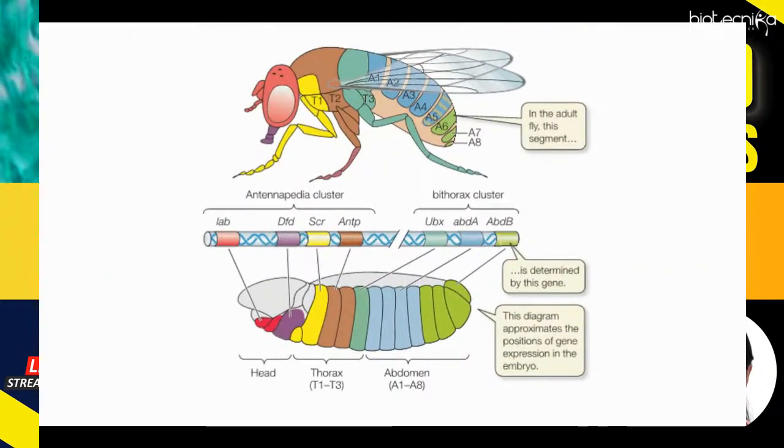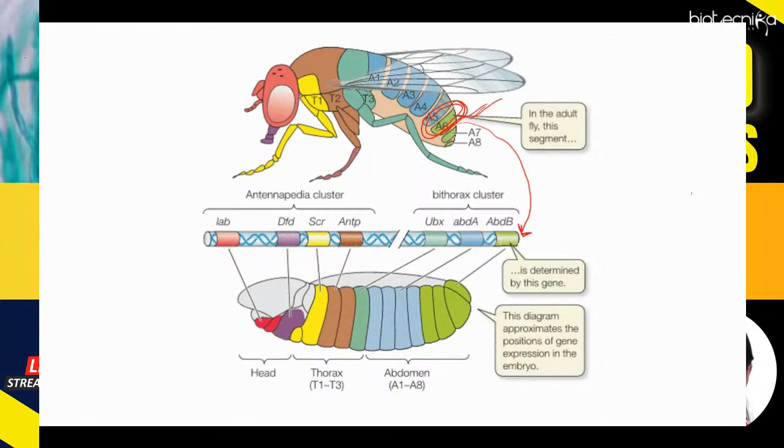Okay, so that's the characteristic of these homeotic genes. Fine. And this is a very good diagram to understand what exactly a homeotic gene is doing. Let's say in the adult fly, this particular segment, which is the A6 segment, is determined by this gene present in each of the cells of this Drosophila. In this entire Drosophila adult body, however many cells there are, all will have this A6 gene.